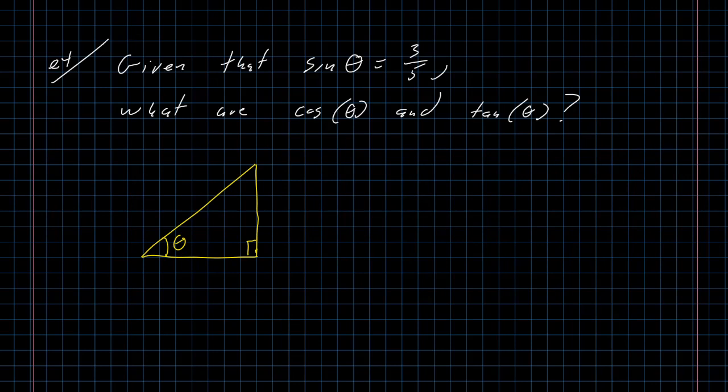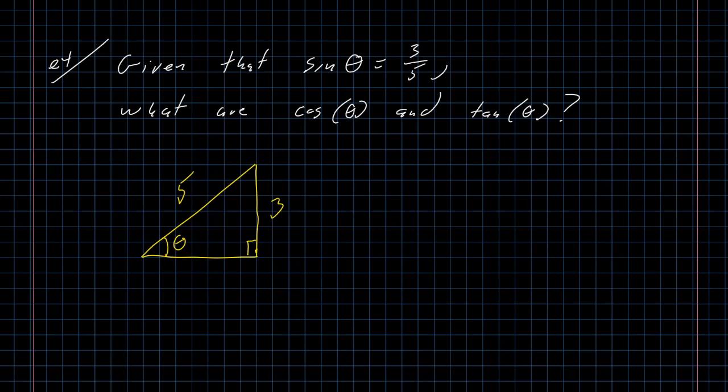And I know that sine is opposite over hypotenuse. So the ratio here, opposite over hypotenuse, is 3/5. I can write that into my triangle by just marking down that the opposite side is 3 and the hypotenuse is 5.